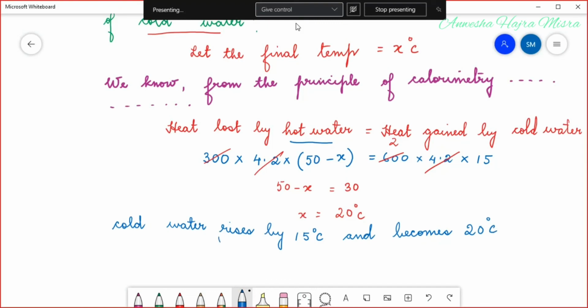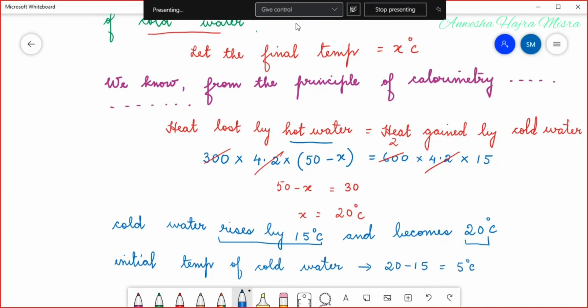So what is the initial temperature? The question is, what was the initial temperature of cold water? Definitely it is 20 minus 15. 5 degrees Celsius is the answer.